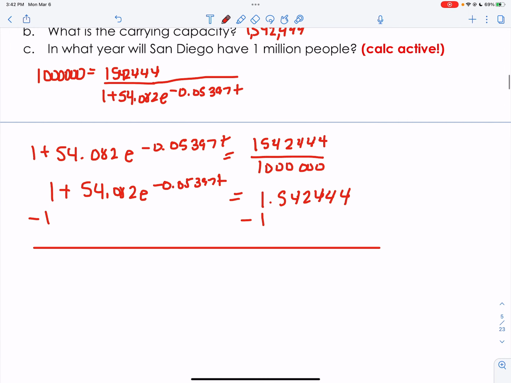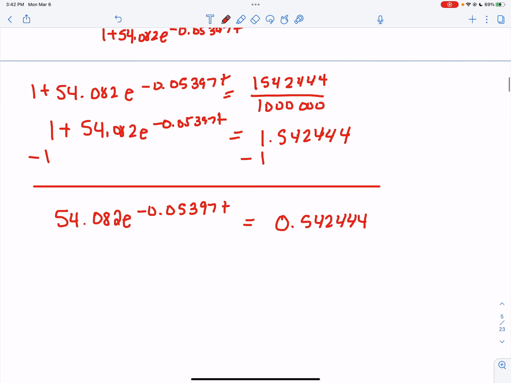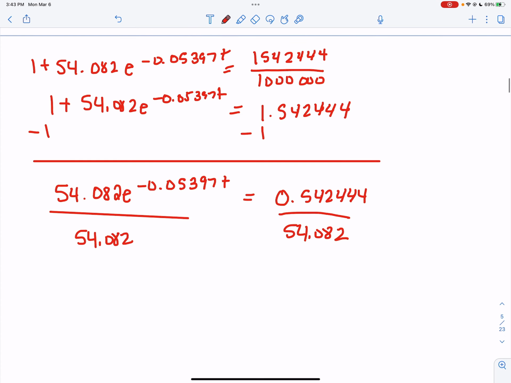So now I have 54.082 e to the negative 0.05397t is equal to 0.542444. Now I am going to isolate e because I want to solve for t. So in order to isolate e, I'm going to divide by 54.082. I'm going to leave it like that for now.